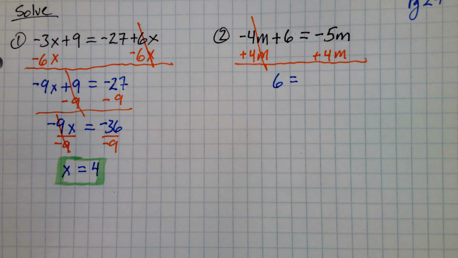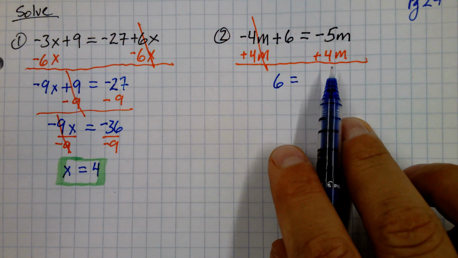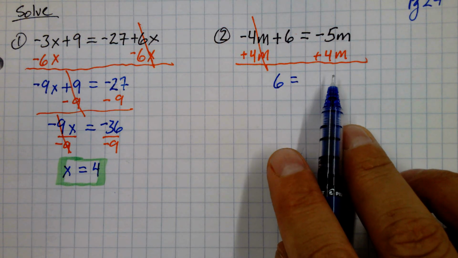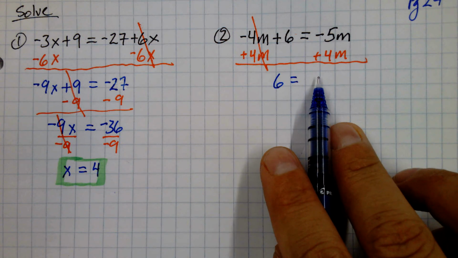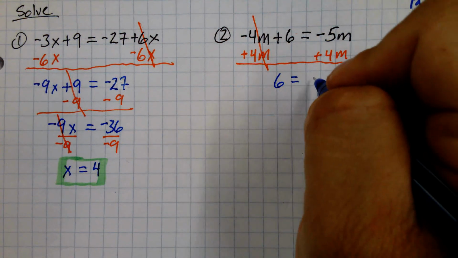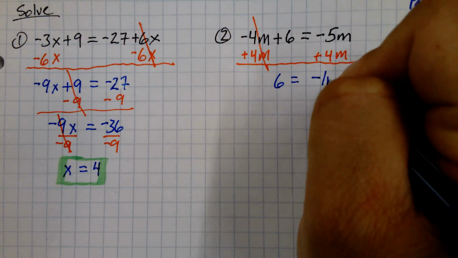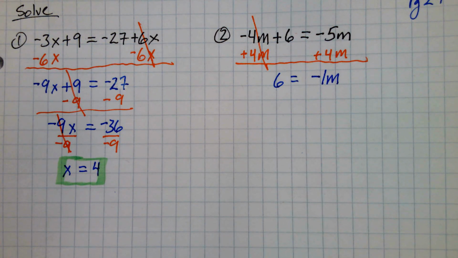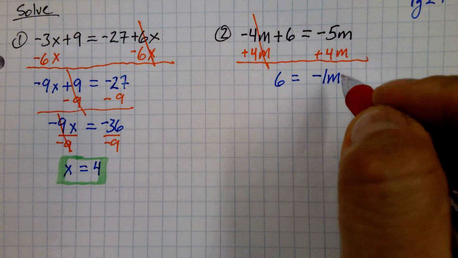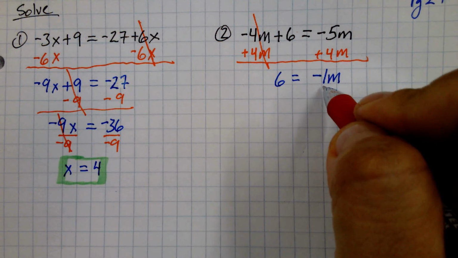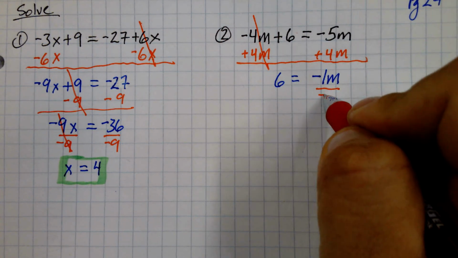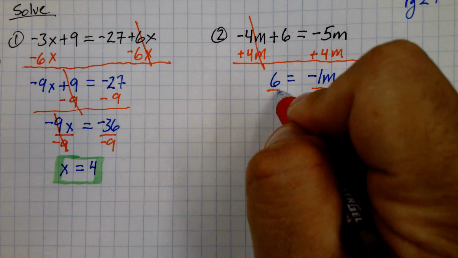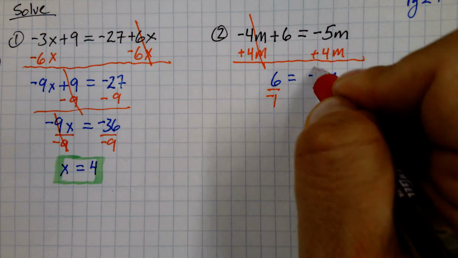And over here, negative 5 and positive 4, what does that give me? Negative 1m. And I'm going to keep that negative 1 because I want to get rid of it now. So to get rid of that negative 1m, I want to divide by negative 1 on both sides.